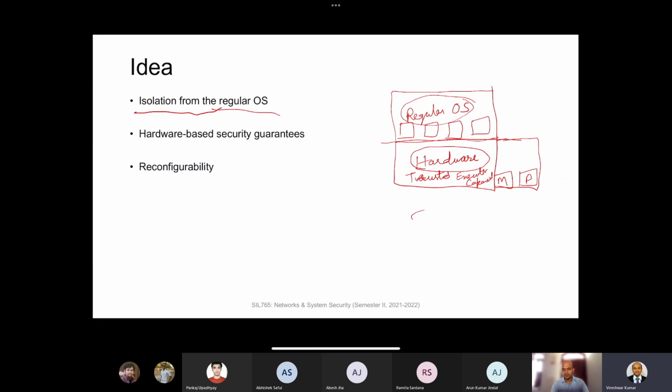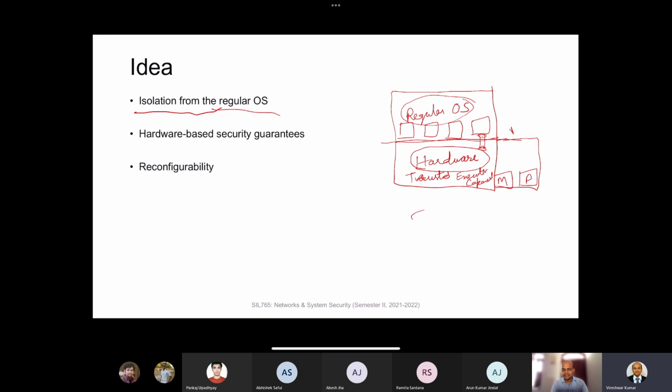And then we also have some secure, very controlled way of communication between the regular OS and the trusted execution environment that we are creating here in the hardware.